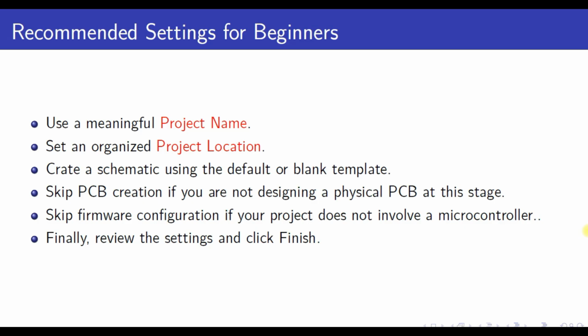So for that, use a meaningful project name, select an organized project location, create a schematic using the default or a blank template, skip PCB creation if you are not designing any physical PCB at this stage, and skip firmware configuration if your project does not involve a microcontroller. Finally, review the settings and click Finish.